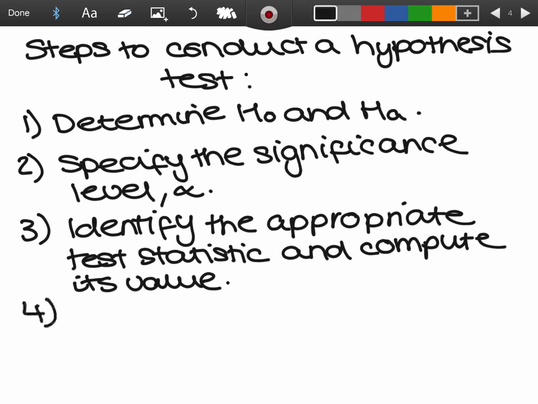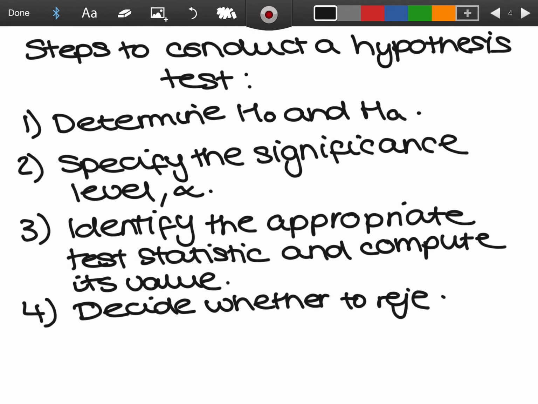Step 4 is to make a decision as to whether you're going to reject or fail to reject that null hypothesis. And that will be depending on what that test statistic is.